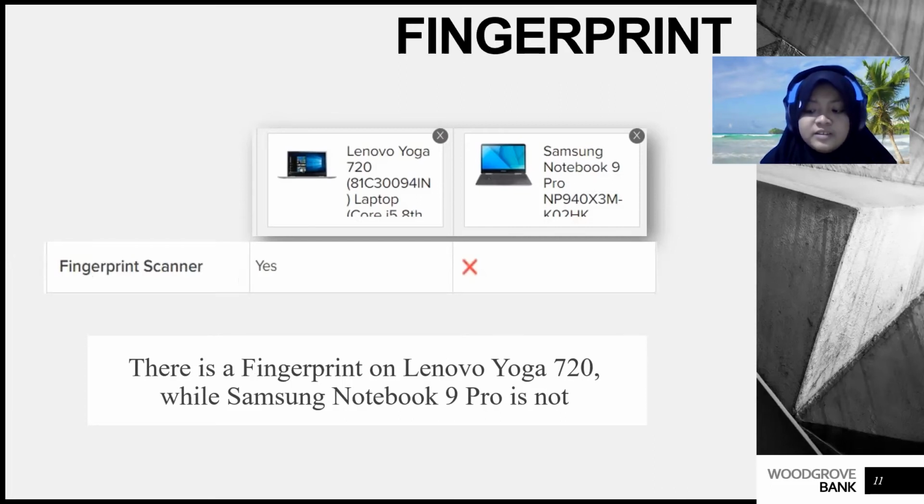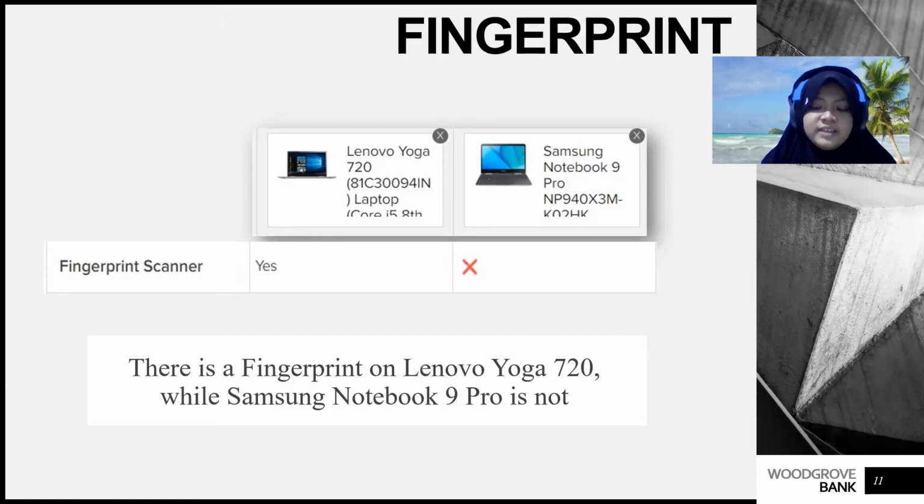Okay, next I will explain about the fingerprint scanner. Fingerprint scanner is a security system used in the device. The Lenovo Yoga 720 has a fingerprint scanner, and the Samsung Notebook 9 Pro doesn't have it.